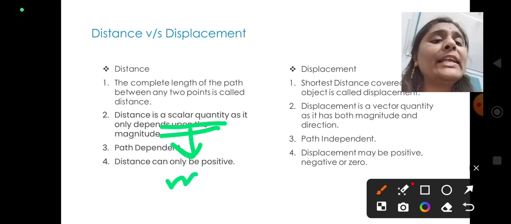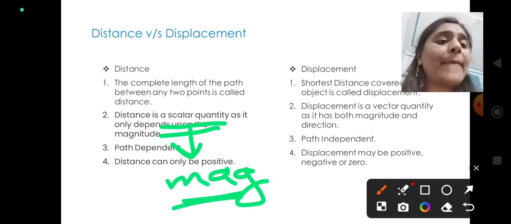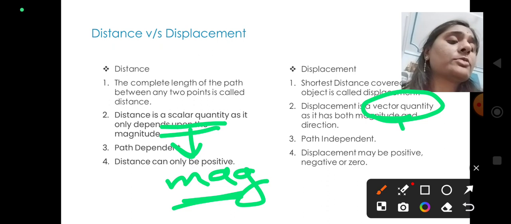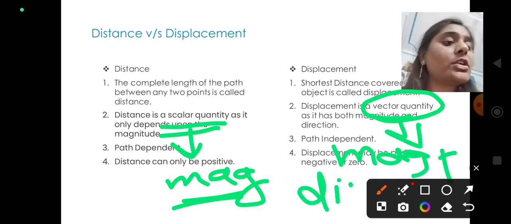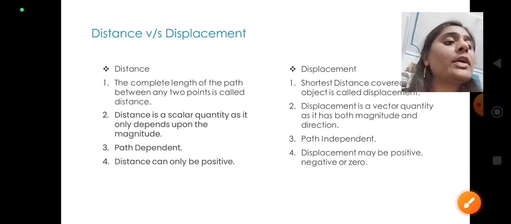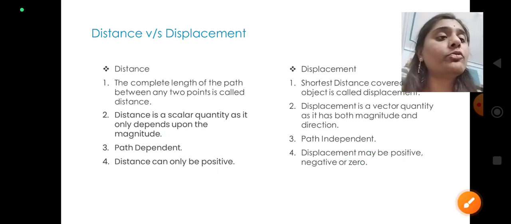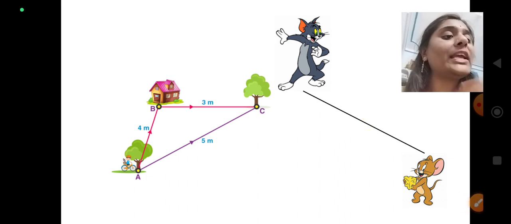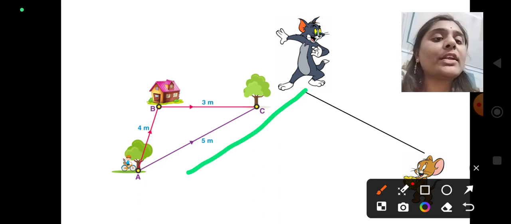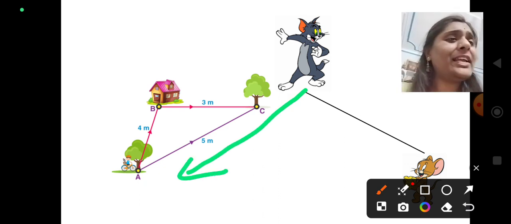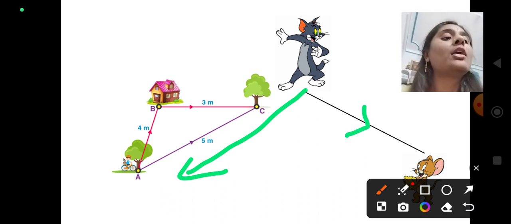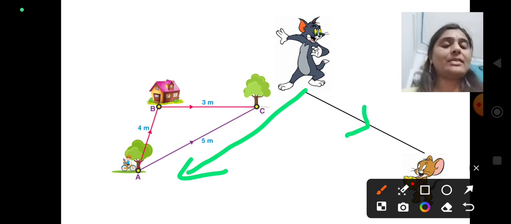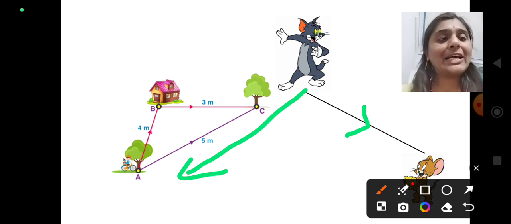In which only magnitude matters. And vector quantity means what? In which magnitude as well as direction matters. Direction is also that much important. It means if we say that Tom is moving in this direction, then only he will reach Jerry, right? Otherwise, if Tom started motion and goes in another direction, will he reach Jerry? No, obviously not. So displacement is considered only when direction matters, because displacement is a vector quantity.